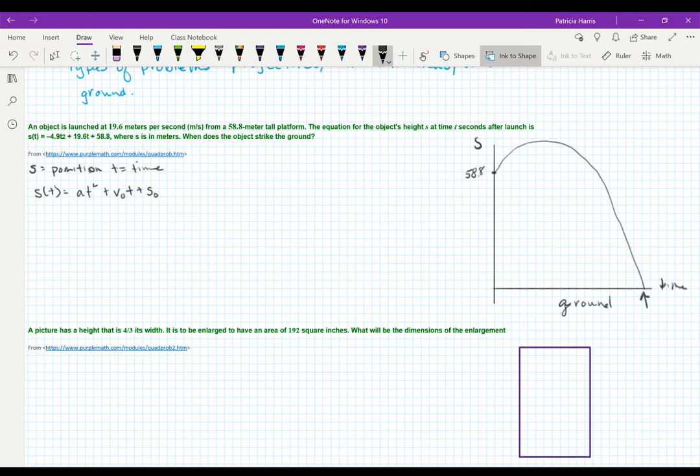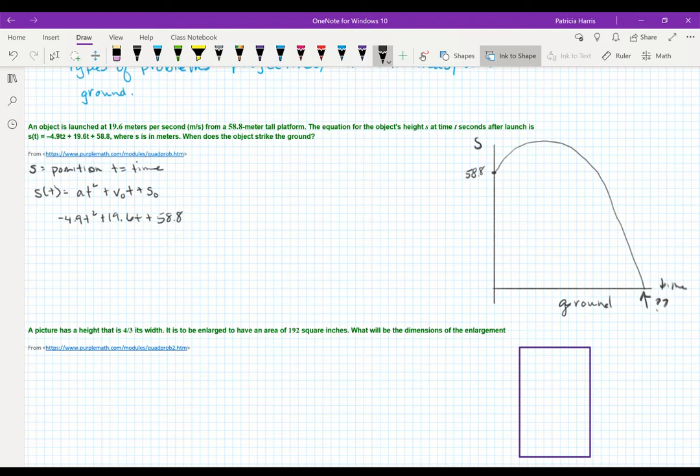So we want to find out what time it hits the ground. How we do that is we're going to find the intercepts of this particular function. I have this equation, negative 4.9 t squared plus 19.6 t plus 58.8.